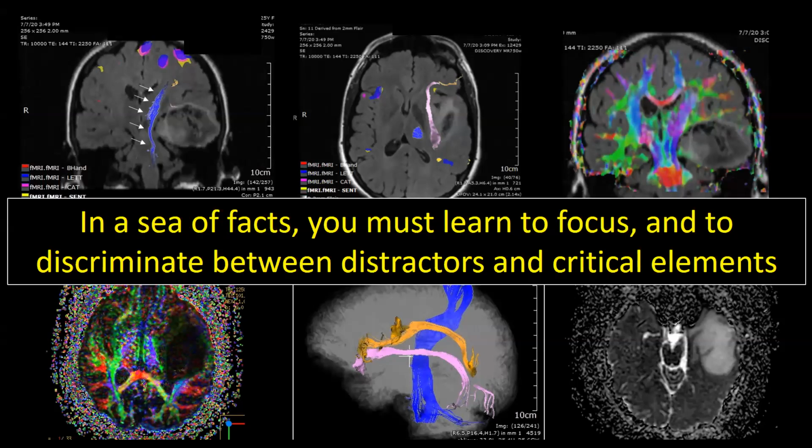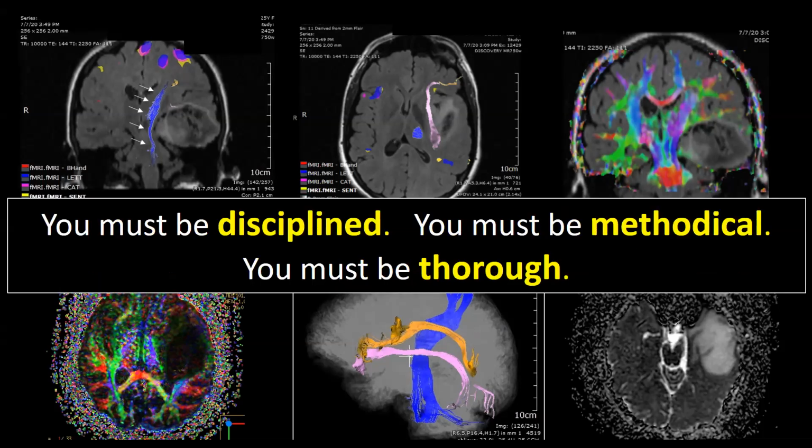And it is informative in some cases, yes, for the diagnosis, whether the tracts are pushed aside or if they are infiltrated. That can be biology, but we're going for something fast. I call this an instant pattern recognition, right? Okay, and the functional imaging, again, is not going to give you this diagnosis with a molecular signature, all right? So you must be disciplined, you must be methodical, you must be thorough, and you must hone in on what you know, right?